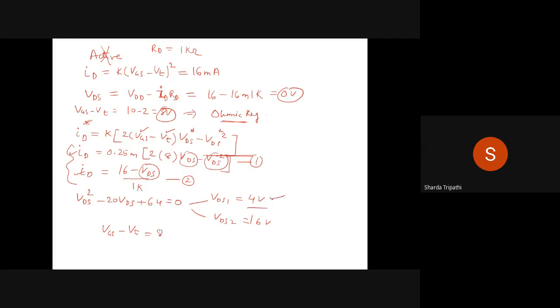So इसमें से this value is less than 8 volts. So the final value over here will be 4 volts. And when this is 4 volts, you can also calculate the corresponding drain current. This will be 16 minus 4 divided by RD, which is 1K. So the drain current is going to be 12 milliamperes. ठीक है? Any doubt?